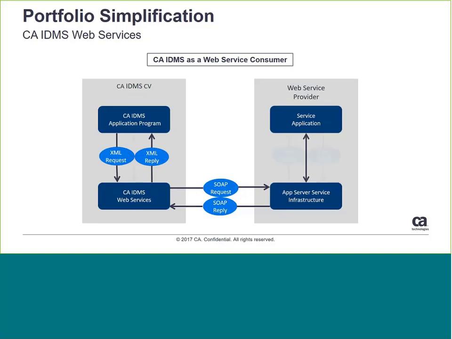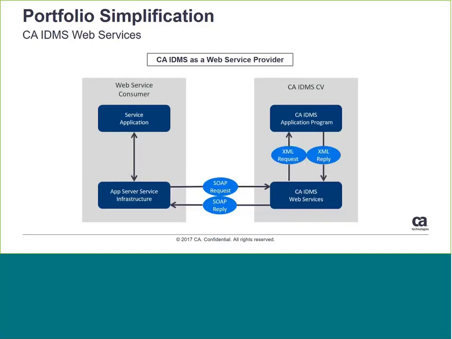Next slide, Sheila, please. Okay. The other side of this is that an application where you've got some computational logic, some navigational logic, anything you like, can be exposed as a web service. So a web service consumer can directly connect to IDMS. Typically, you would normally do this within your firewall, and send the request to IDMS as a SOAP request.